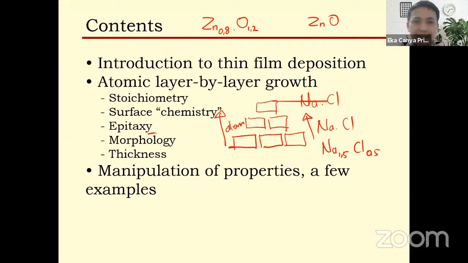Morphology is the same. I believe when I am seeing Agnia, your face is different from Dea's. It's only Agnia. It's very special. So Allah gives us a specific characteristic of our face, right? So this one is morphology.